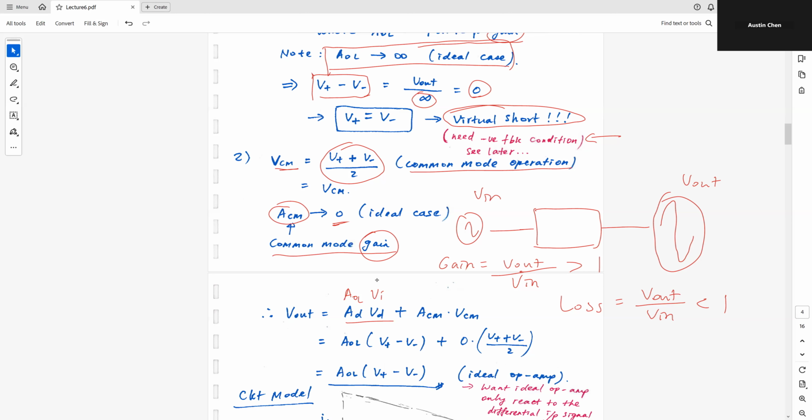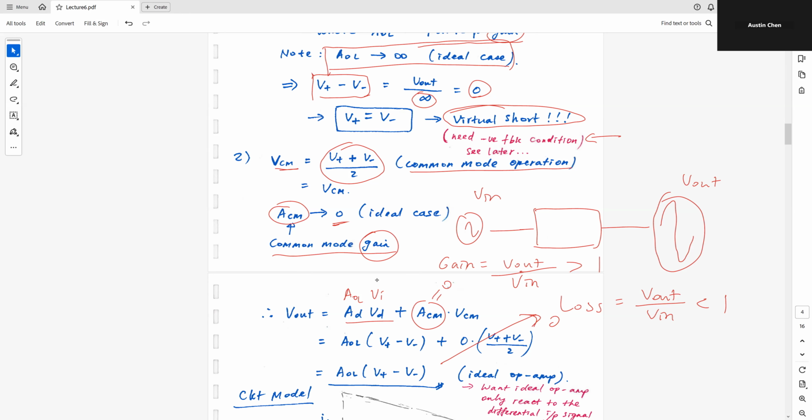So your V out actually sees these two parts of contribution, from the differential mode and also from the common mode. In an ideal op amp setting, I want this common mode to go to zero. I don't want my output to see any contribution from this common mode. So when ACM is equal to zero, this term here is gone.